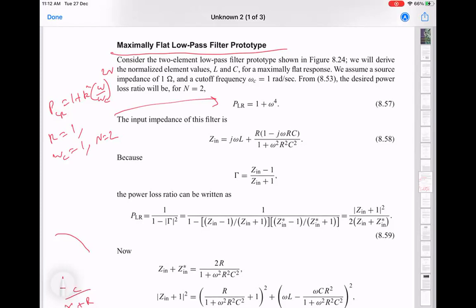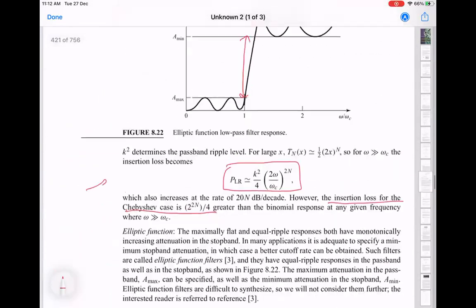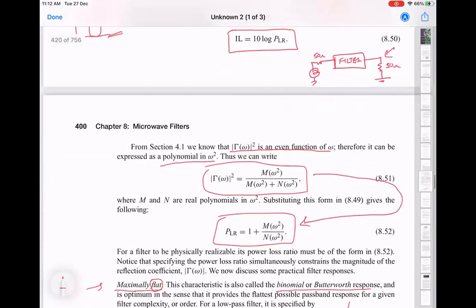And if you know the power loss ratio, from that you can use the previous relation to get the gamma, because power loss ratio was 1 over 1 minus gamma square, right? Let's just double check that.